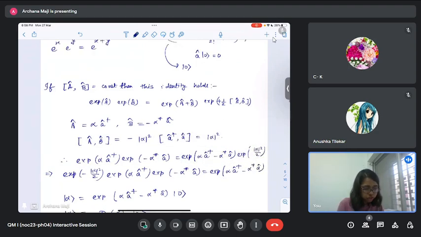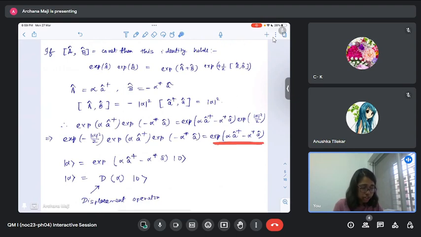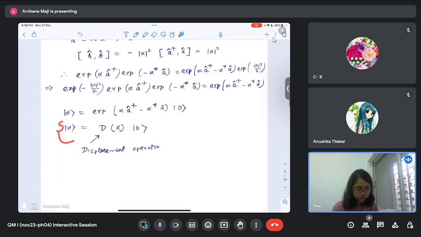Okay, so that's what we are doing. So this entire factor I'm just replacing by this exponential alpha A dagger minus alpha star A. So this is the displacement operator, and the coherent state is this displacement operator acting on the vacuum state.